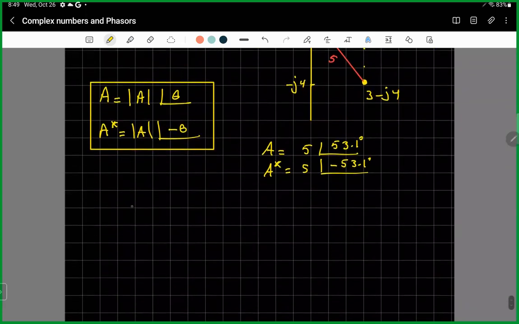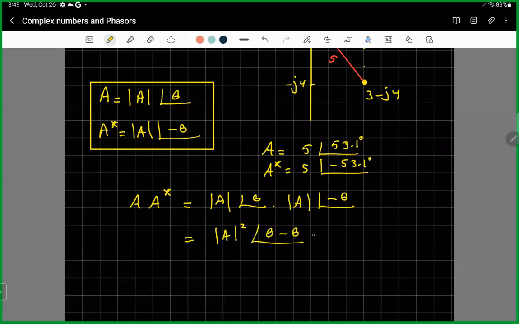We proved before, if you want to multiply A times A conjugate, I'm going to use the polar form. A is equal A magnitude on angle theta times the conjugate, A magnitude angle negative theta. When you multiply, A times A will be A squared, and theta, you add the theta, will be 0. So it will be the magnitude squared. That's what we did before. Tell me, what does magnitude mean?